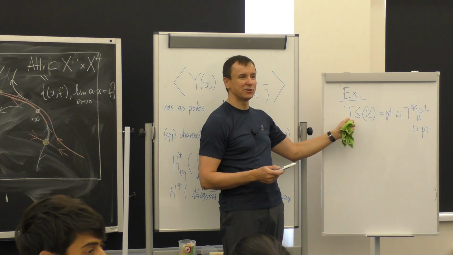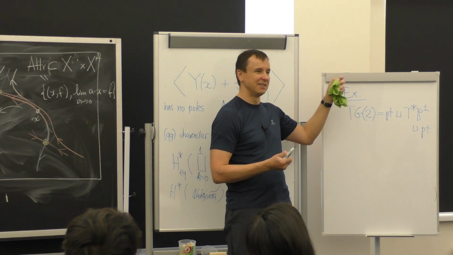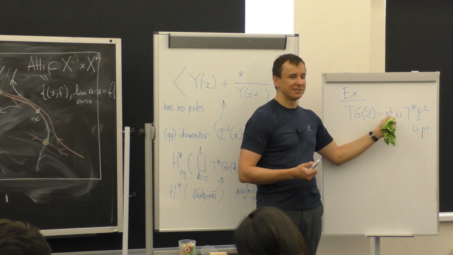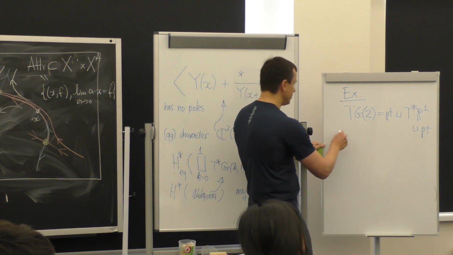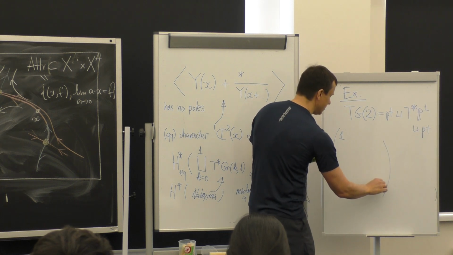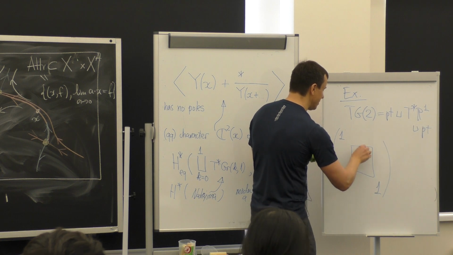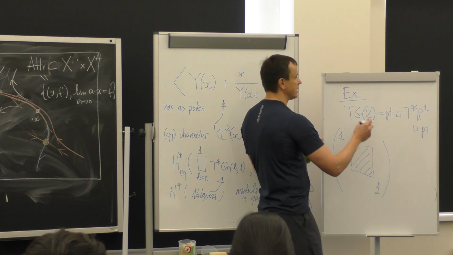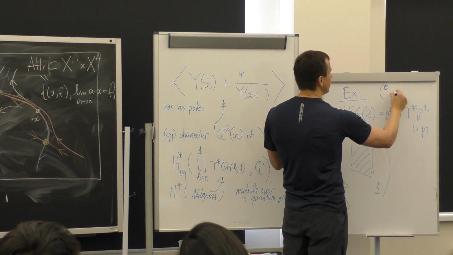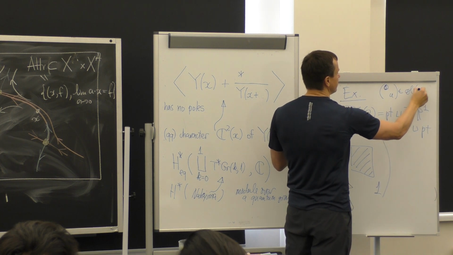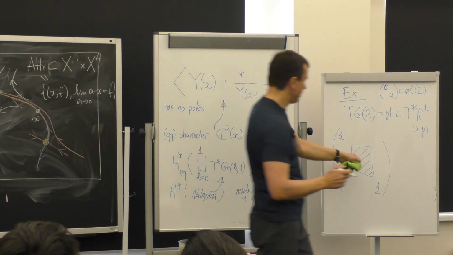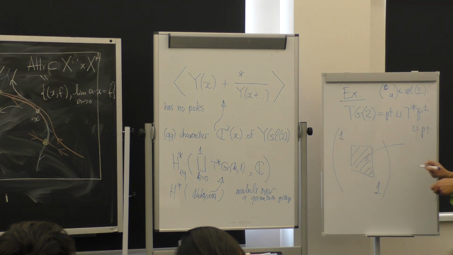T*G2 is the union of cotangent bundles to the Grassmannians of all possible subspaces in a two-dimensional space. So what you have to do is the R matrix will have the form: nothing is going on with the point, and then something here that depends on the variable u. And then in here you have to find this Yang's R matrix.